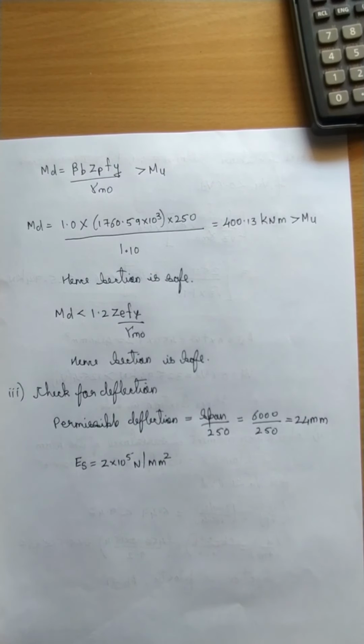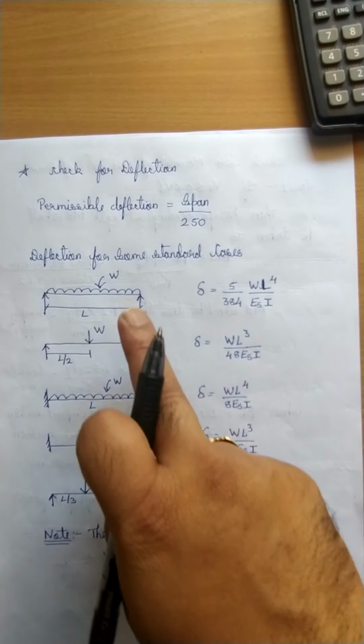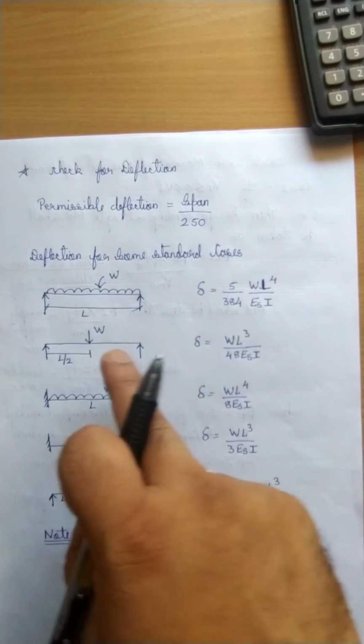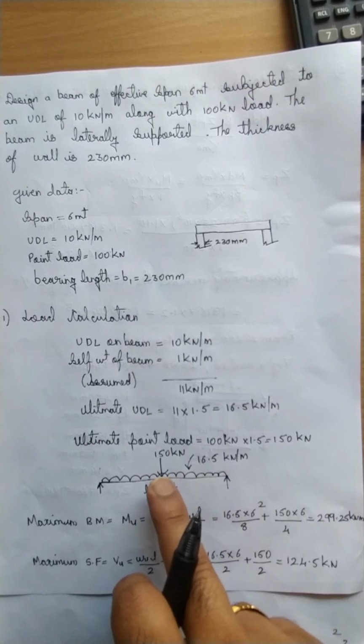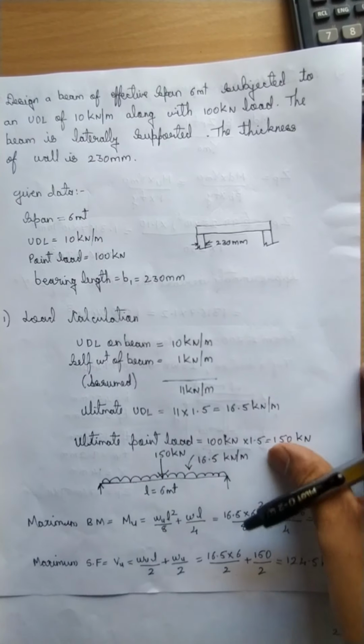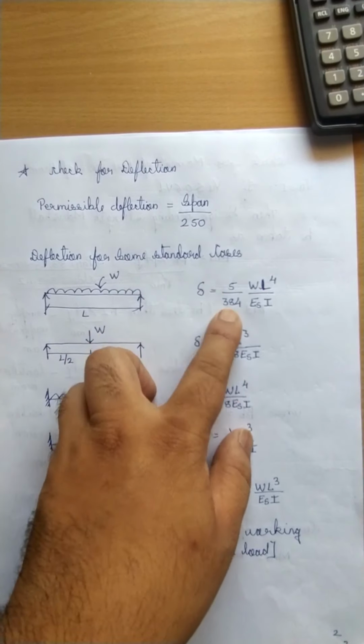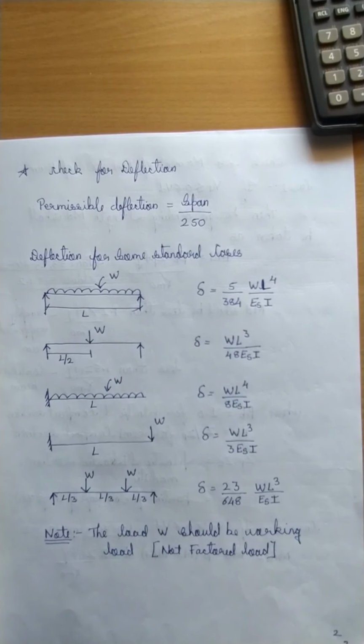I will just show it to you for the deflection part. So this is the deflection. You can see for UDL it is this formula, for point load it is this formula. But our question right now has a UDL plus point load, so we have to take both formulas.